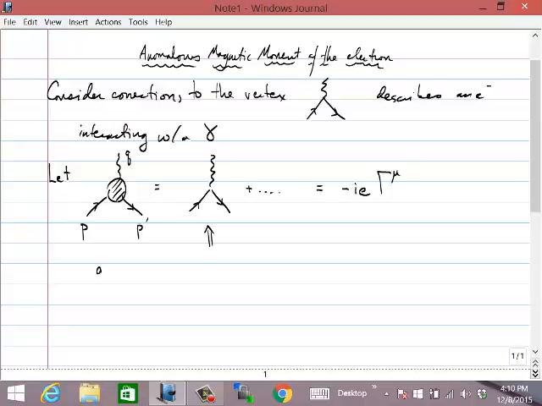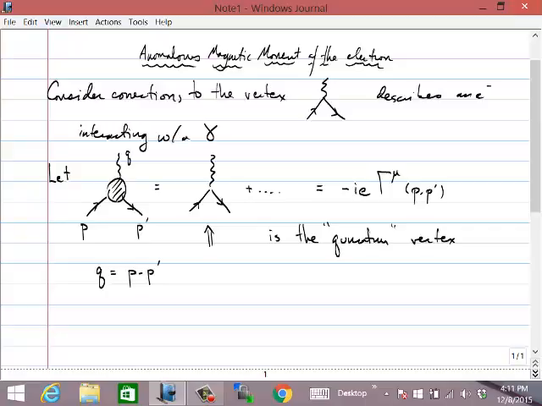But of course, by momentum conservation, q is equal to p minus p prime. So I could just regard this matrix capital gamma as a function of p and p prime. So this is the full quantum vertex. That is to say, it describes the interaction between an electron and a photon, including all possible quantum corrections. Okay.